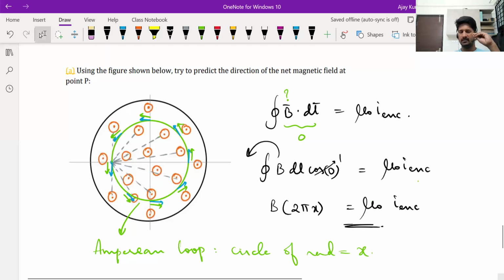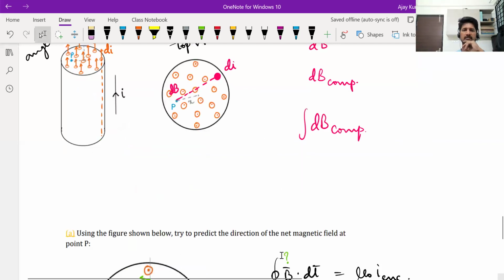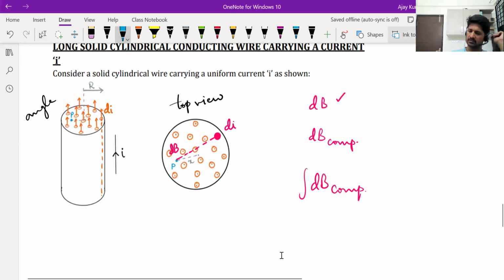Now tell me an idea to find out how much current that circular path encloses. Let us visualize that path in this diagram. The circular path is somewhat like this. You can see that all the current streams are not enclosed by that circle. How to find out how much current is enclosed by that circle? Sir, we can take help of current density. That's all. See, that circle is part of a cross section of that wire, right?